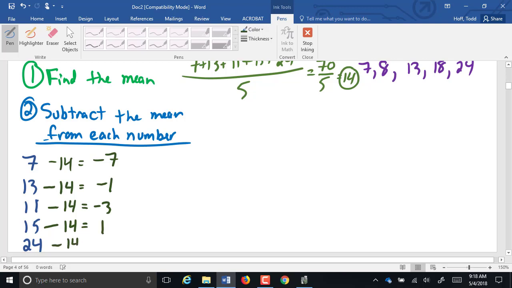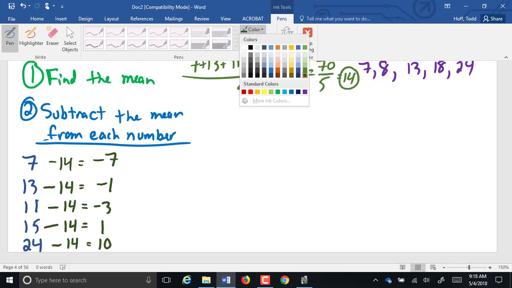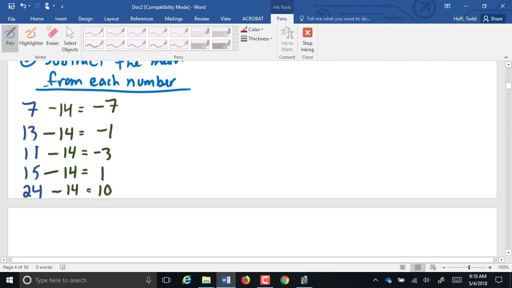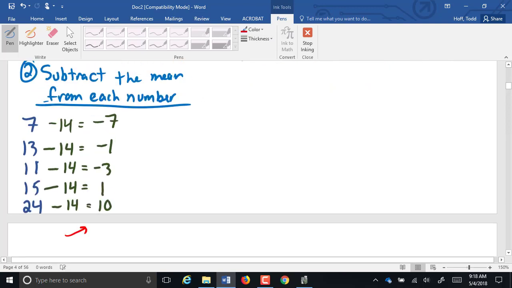And finally, 24 minus 14 is 10. Now, the numbers I just calculated here are often referred to as the deviations, sometimes referred to as the deviations from the mean. That's how far each number is away from the mean.